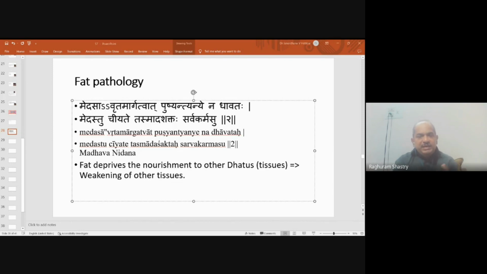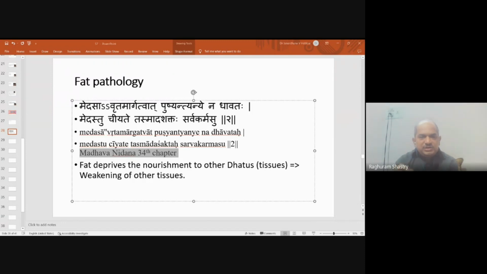In my clinical practice, after handling the Medovaha Srotodushti, the symptoms of anemia and other things have improved. The blood picture has improved, HB and everything, oxygenation and feel good reports from the patient, feeling lightness, everything comes in automatically when those things are handled.